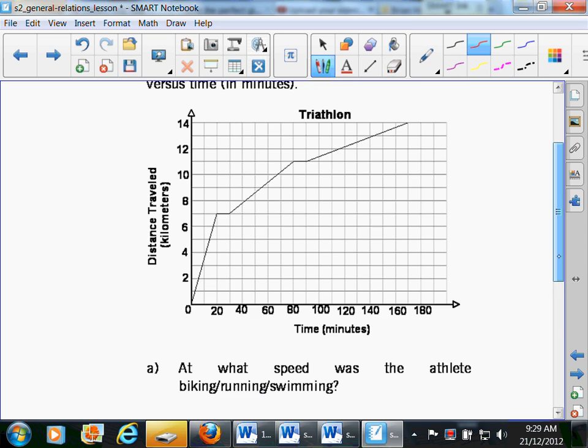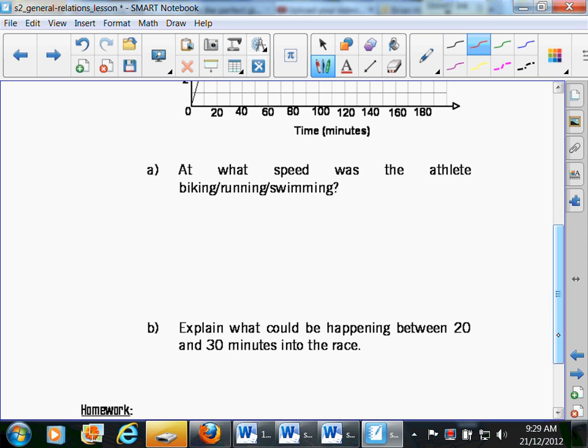So now we might want to change that a little bit, because kilometers per minute, that's kind of silly. But we could say 7 kilometers. Now 20 minutes would be, if we take 20 and divide it by 60, now that's hours. So if we take 7 and divide it by 20 over 60, you could do that on a calculator if you chose to.